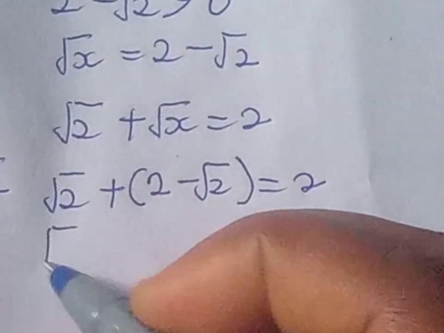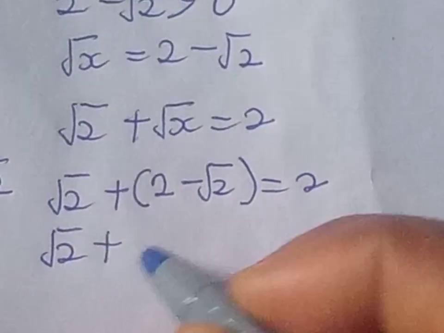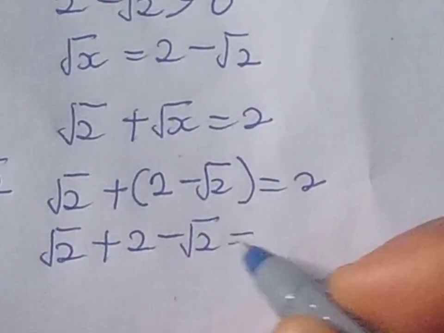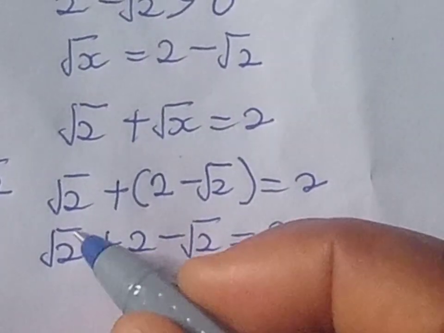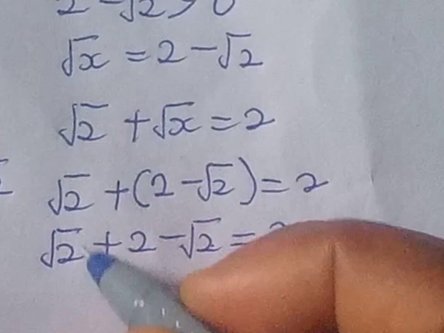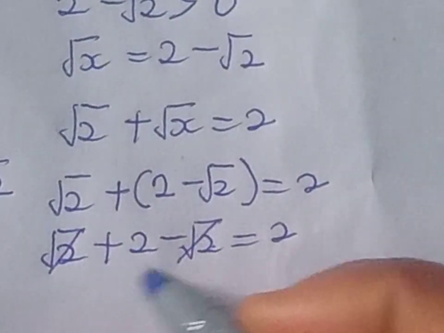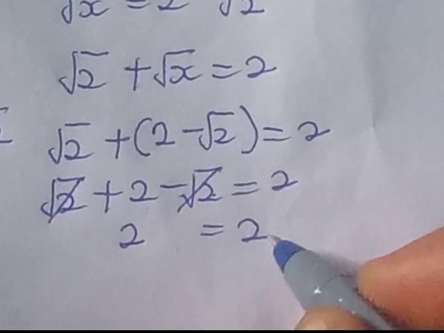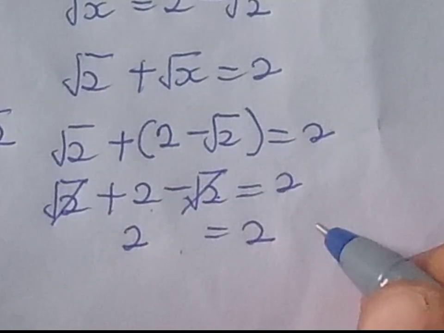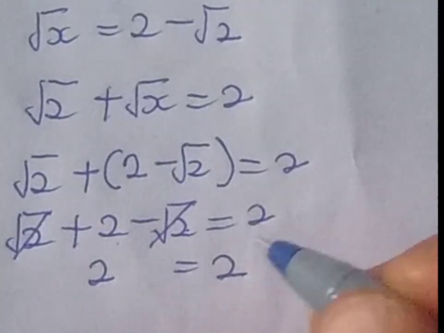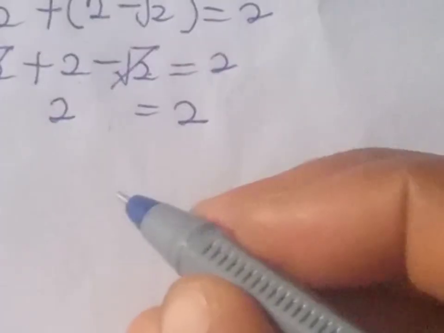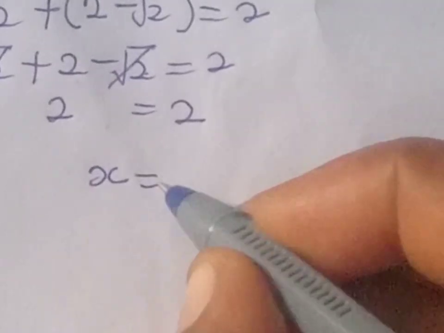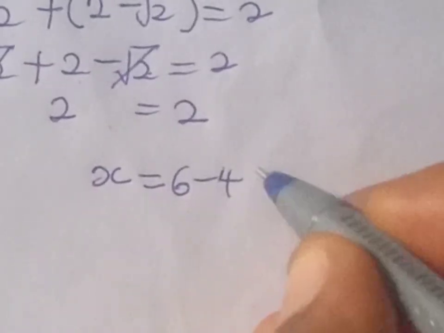So we have square root of 2 plus 2 minus square root of 2 equals 2. Square root of 2 minus square root of 2 cancel each other. So we are left with 2 on the right side and also 2 on the left side. That means our answer is correct. Our final answer is x equals 6 minus 4 root 2.